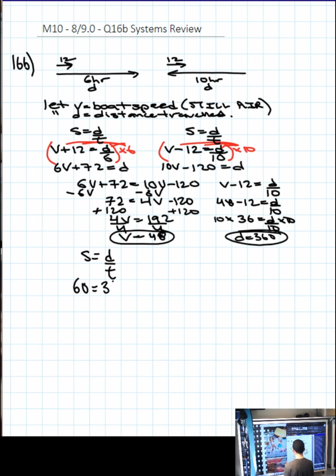Our distance is 360 over 6, check mark. The equation on the right, v minus 12, if our v is 48, v minus 12 will be 36, equals the distance, 360, over the time, 10, check mark. We know we're absolutely correct.